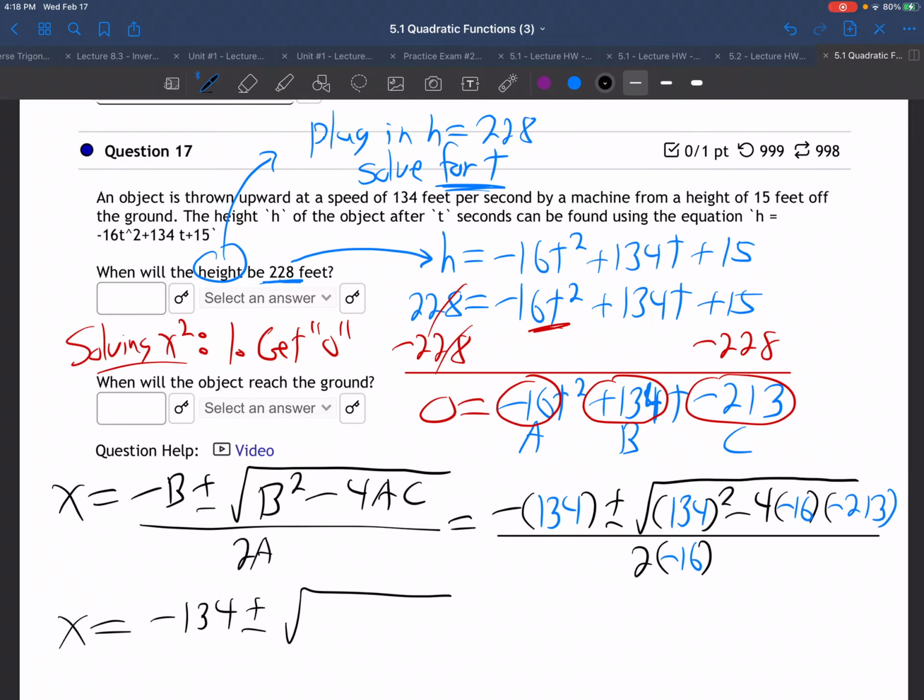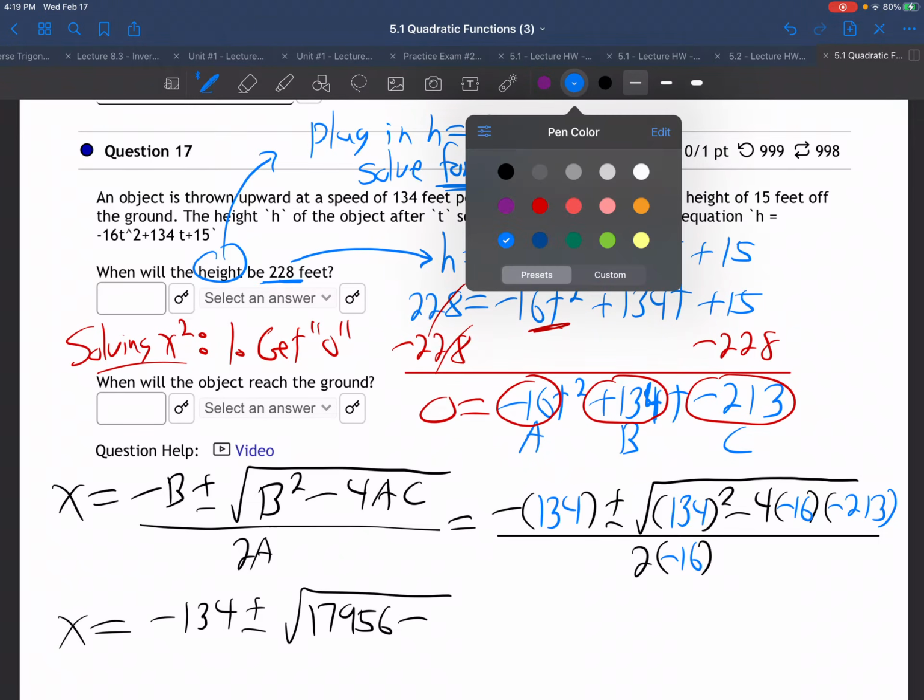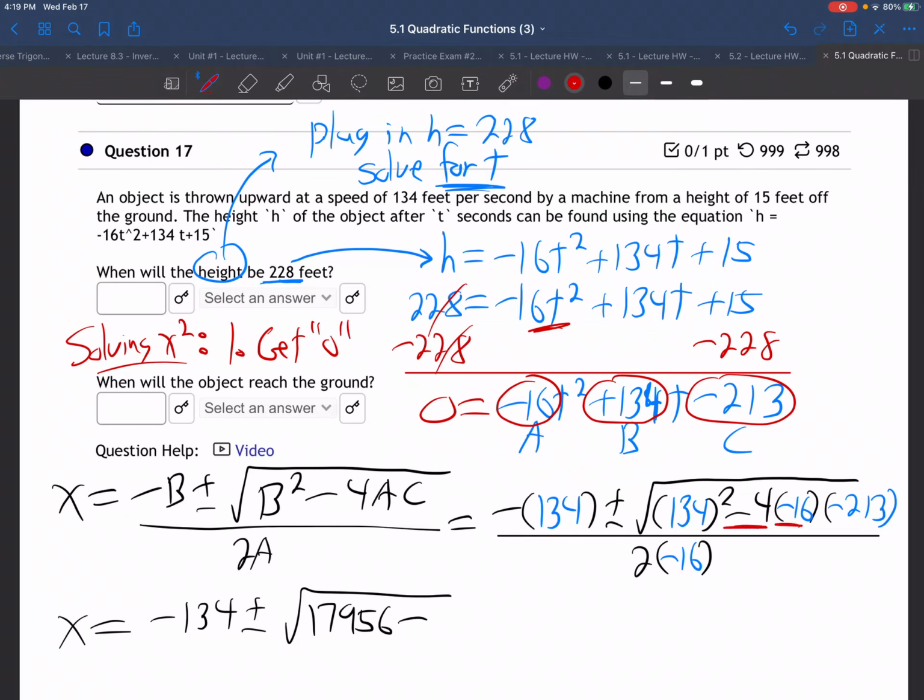Going to use my calculator. 17956 minus. Now notice here we have a negative and a negative, and 3 negatives make a negative. 4 times 16 times 213. I'm getting 13,632 all over negative 32, 2 times A.